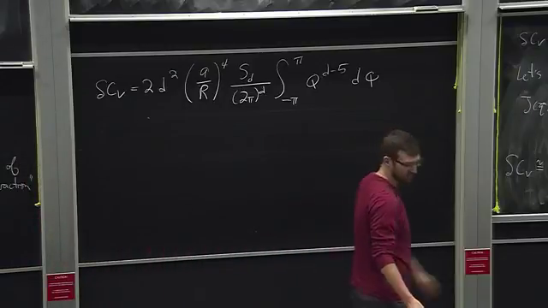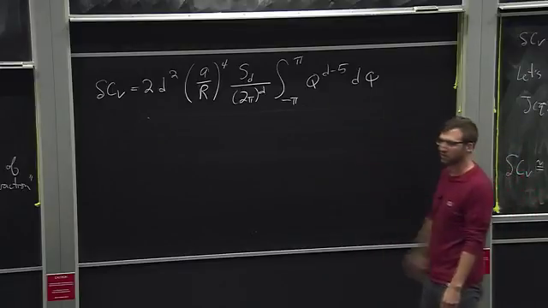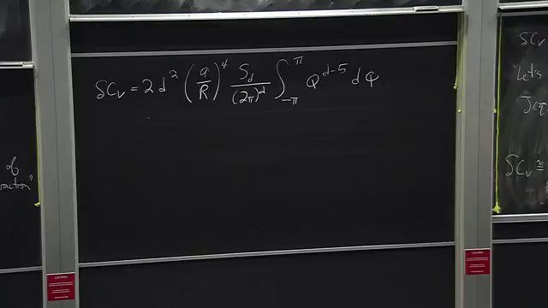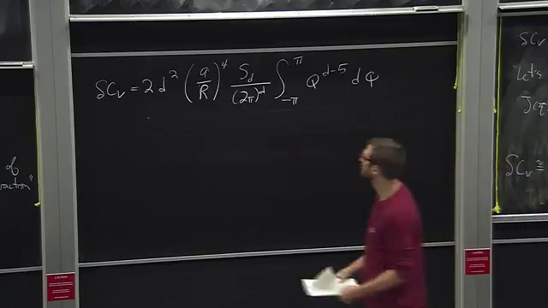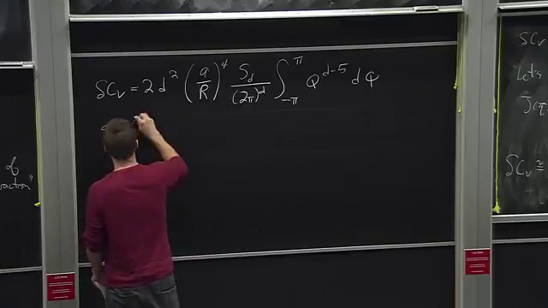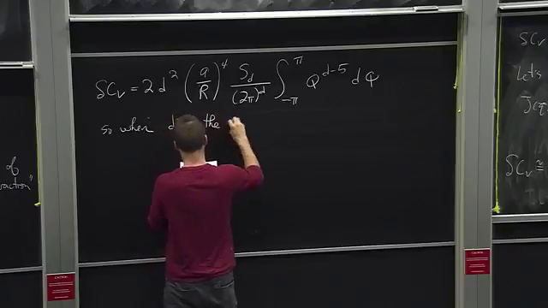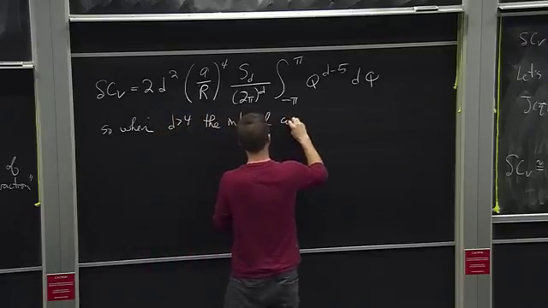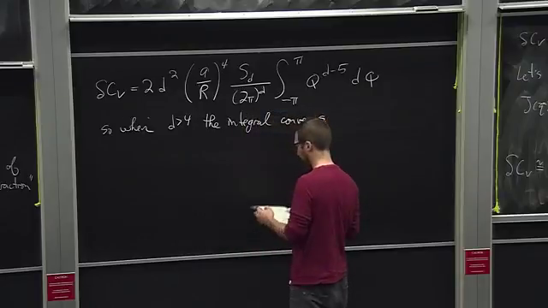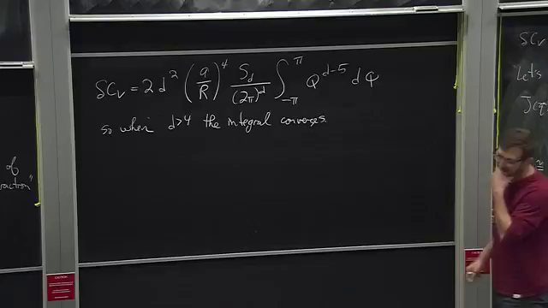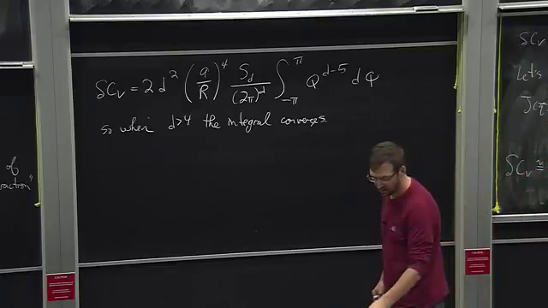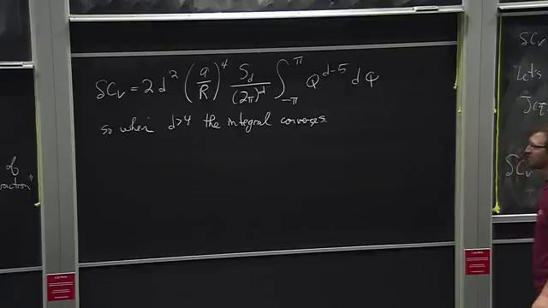Okay, let's look at the general expression. So it's all about the convergence of this integral. So when d is less than or equal to 4, so when it's greater than 4, that's the only time it converges, right? So that's basically the lesson.